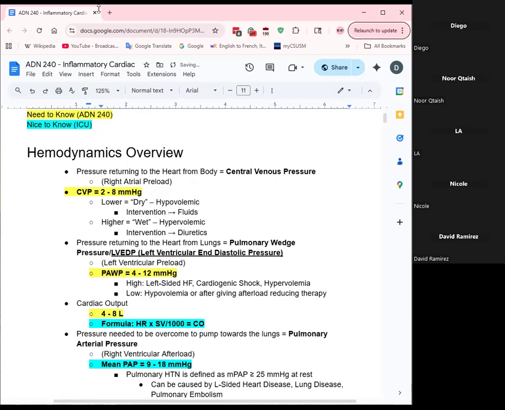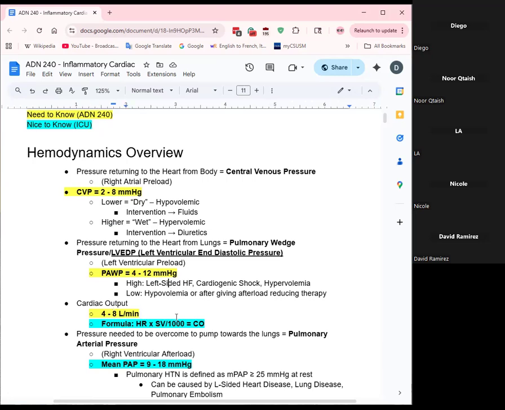I don't believe we're going to actually have to calculate it, but just for the sake of knowledge, the formula for cardiac output, if you have been tested on it before, is heart rate times your stroke volume. Stroke volume is calculated in mLs, so you divide by 1,000 to get it to liters per minute. So that will be your cardiac output.